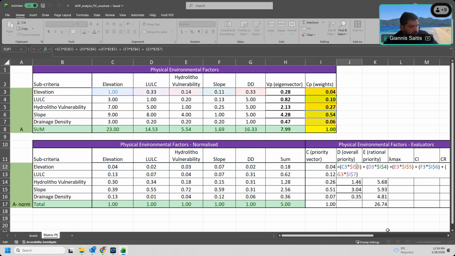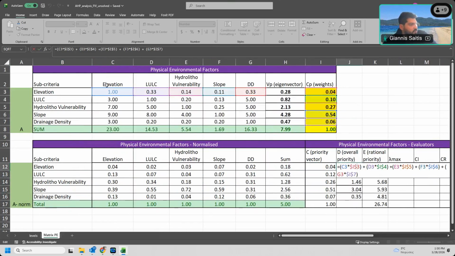The overall priority is the multiplication of each value of a criteria times its weight. Okay, and then their total summarize.